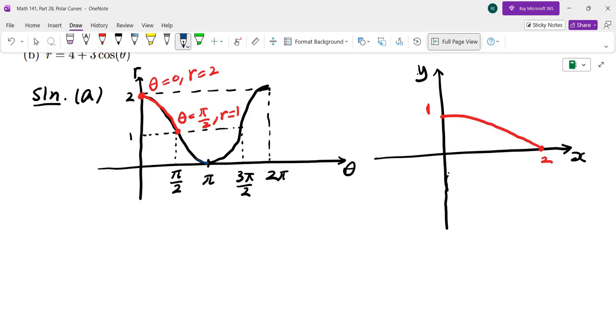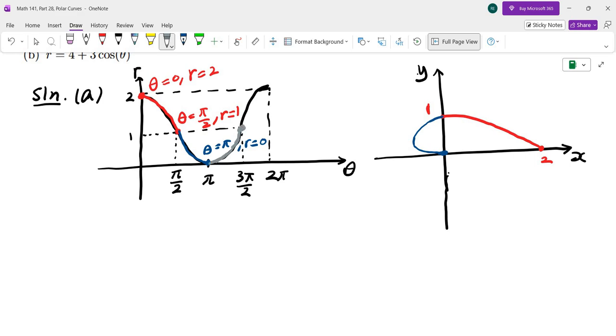The next portion still r decreases and it gets to theta equals pi and r equals 0. Well, theta equals pi, r equals 0 means we are at the origin and theta goes from pi over 2 to pi. So we get a shape like this. Now we continue with the next portion. So next portion is right here.